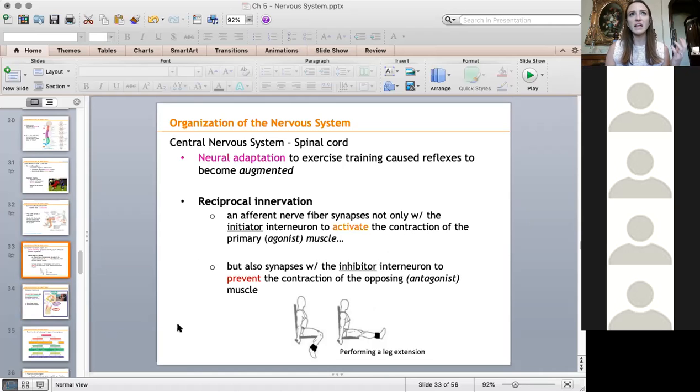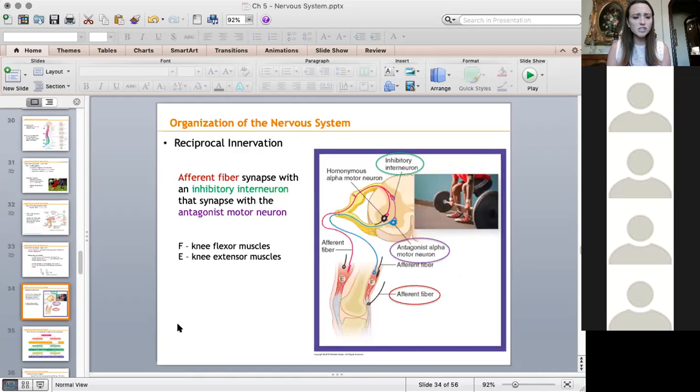The way you want to think about it is doing a leg extension, just like in the picture. If the goal is to activate the quadriceps during a leg extension, we don't want to activate the hamstring. So during quadriceps activation, there's also hamstring inhibition, where it's not activating the antagonist, which is a positive adaptation. So reciprocal innervation is when the neurons can activate the agonist muscle and shut off the antagonist. It allows for greater force production and more training adaptations.